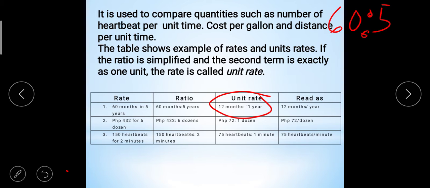How about 432 pesos and 6 dozen? What is our common factor? Sean.